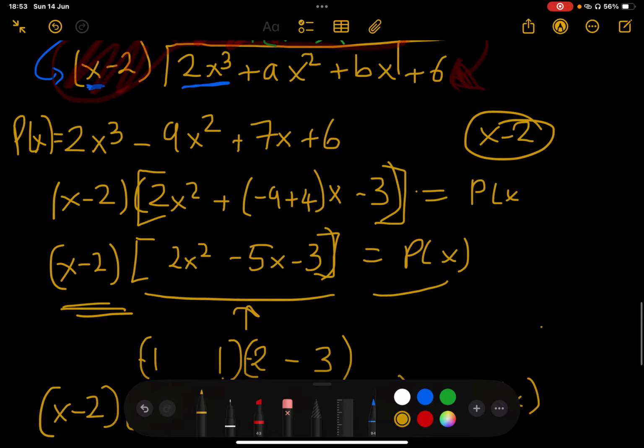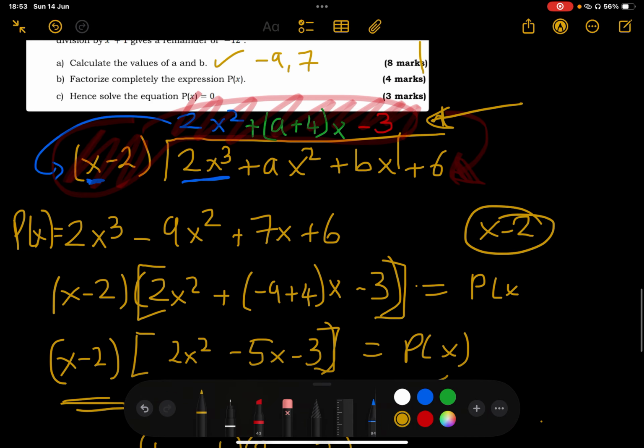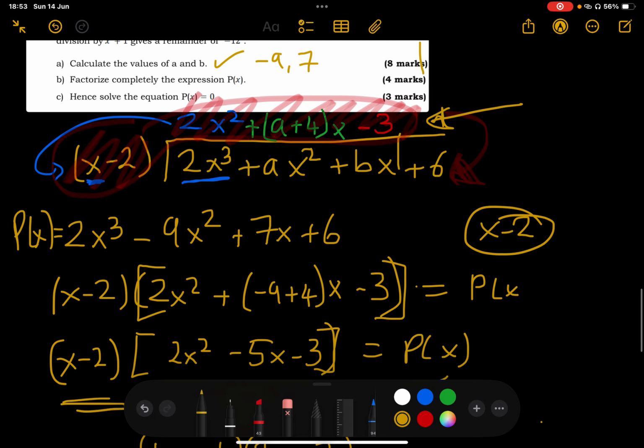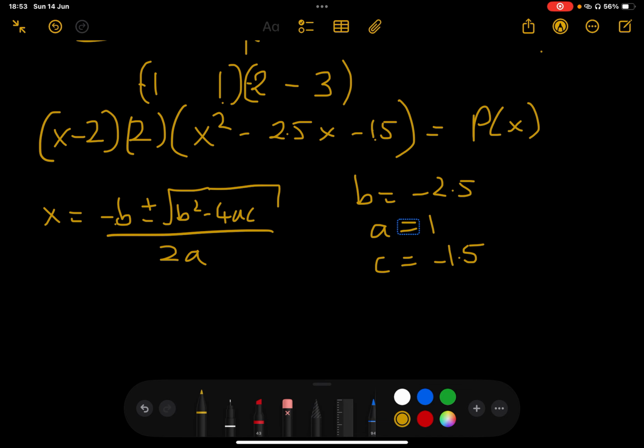Let me just check that I haven't made any sign mistakes when I copied this down. Unfortunately not. Okay, well, if we plug this in, we should be able to get some values for x.